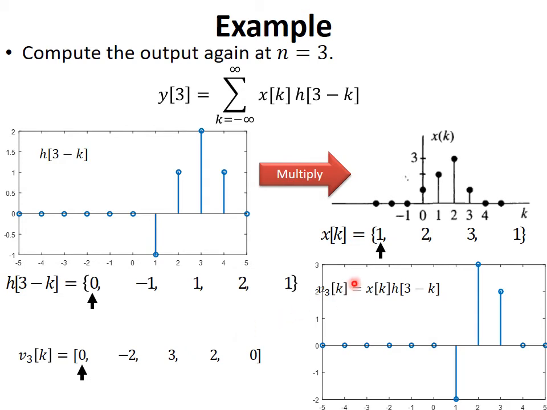So you get 3 non-zero samples as a result of the product of h of 3 minus k and x of k. And the product sequence v3 of k can be written as 0, this sample, and -2, 3, 2, and all 0.